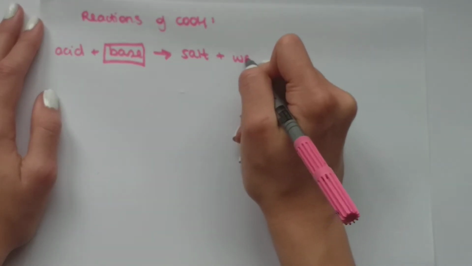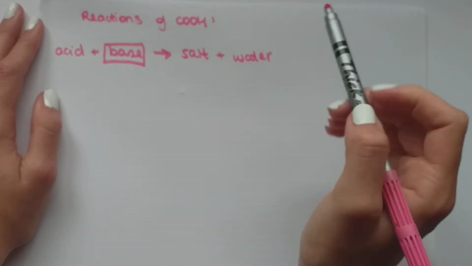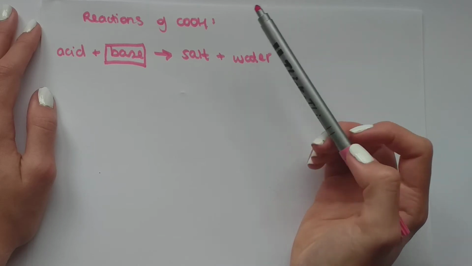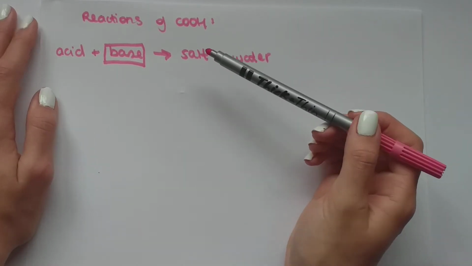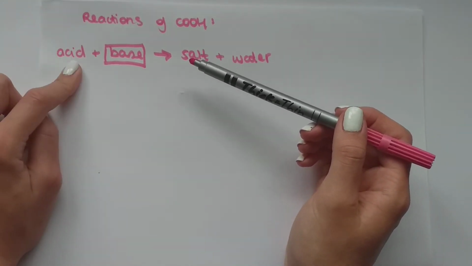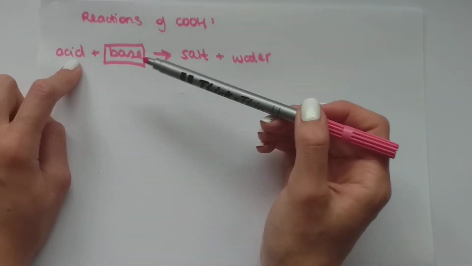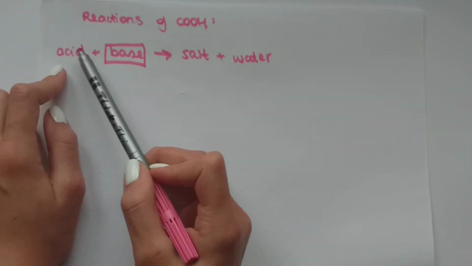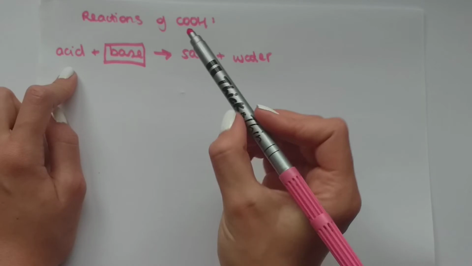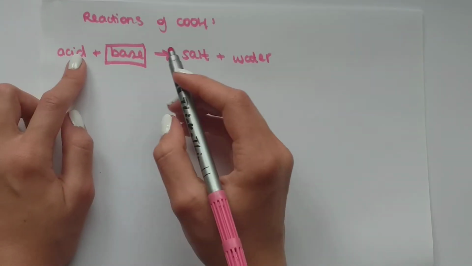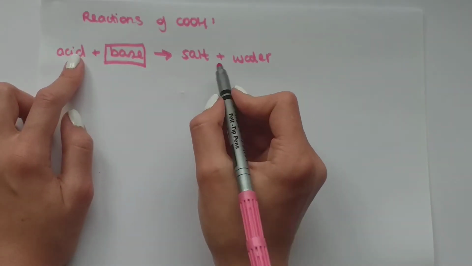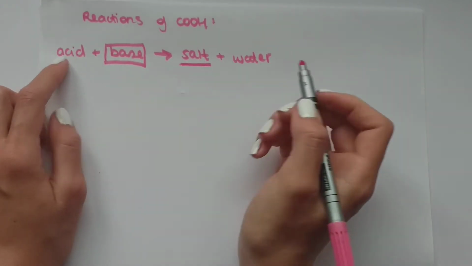And of course, you're going to form water. You always form water and you always form some kind of a salt, because if you mix an acid with a base, you get a salt. You've got an acidic solution, you've got a basic solution, and if you mix them together, they are going to neutralize to form a salt.